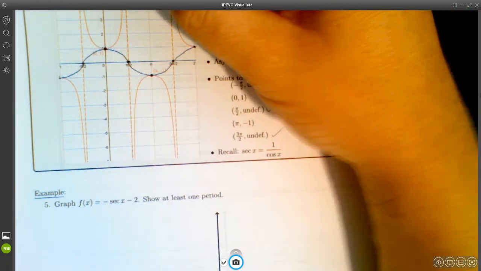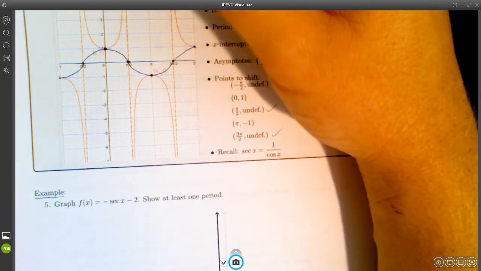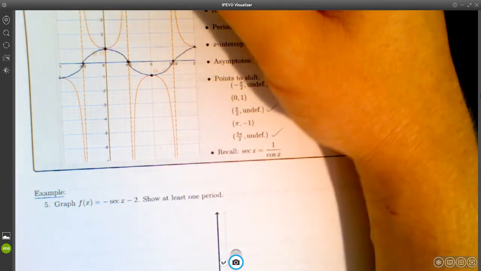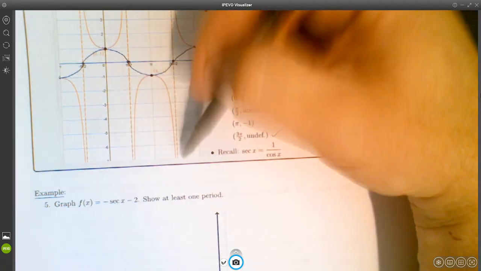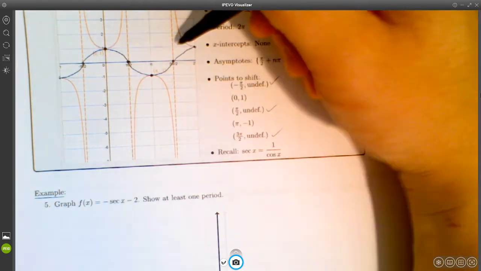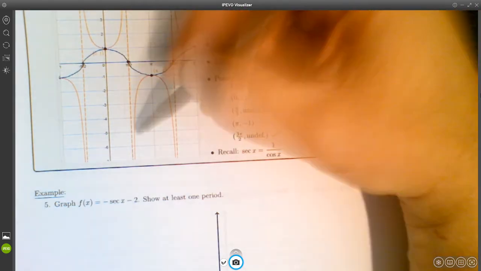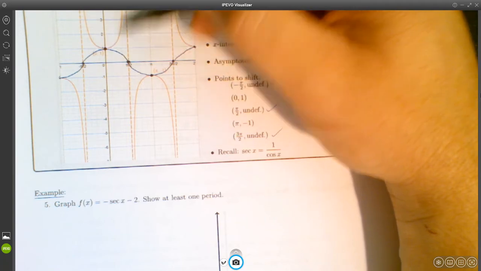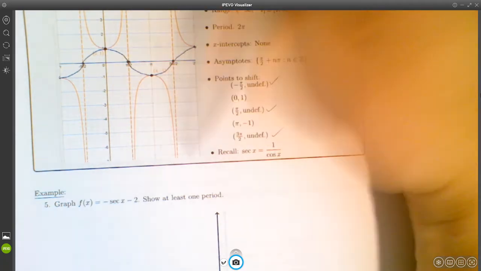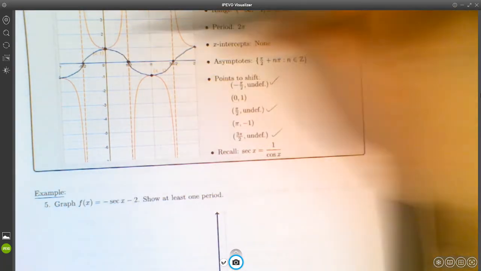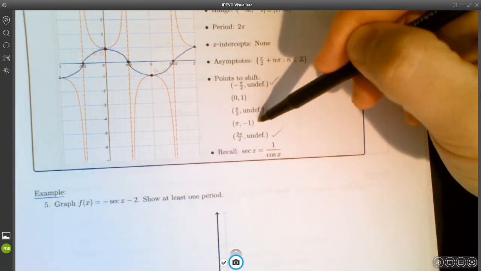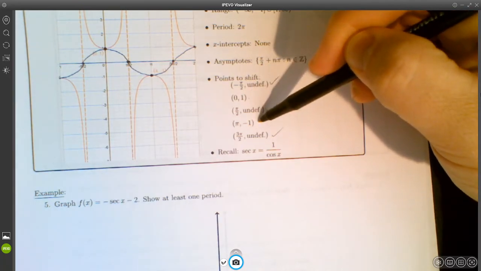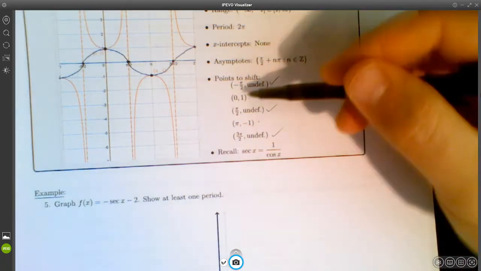Then I need at least one copy of the almost parabola-looking thing pointing up and one copy pointing down in order to get one complete period. That's why I need these 3 asymptotes. I want a copy going up and a copy going down. The copy going up is this one here, and the copy going down is that one there. So let's practice shifting these around.